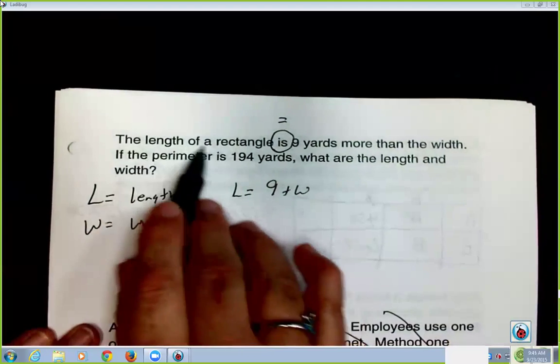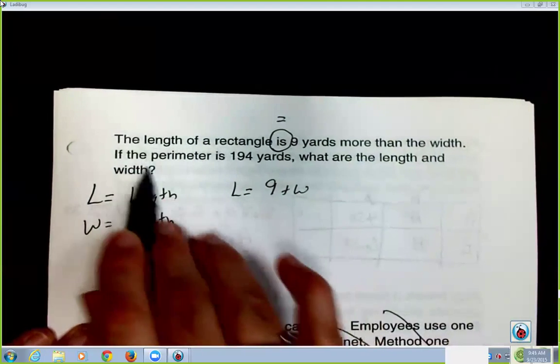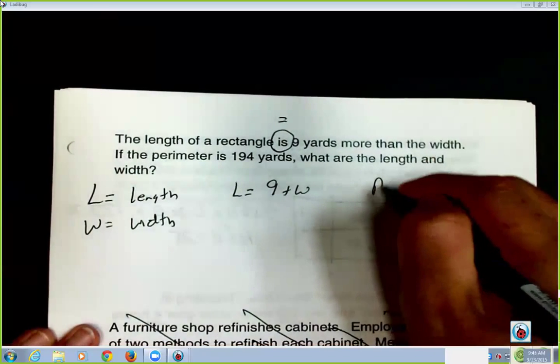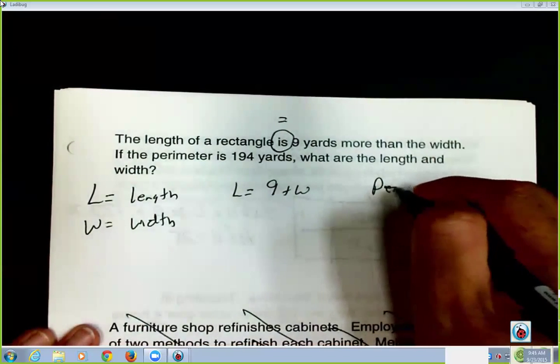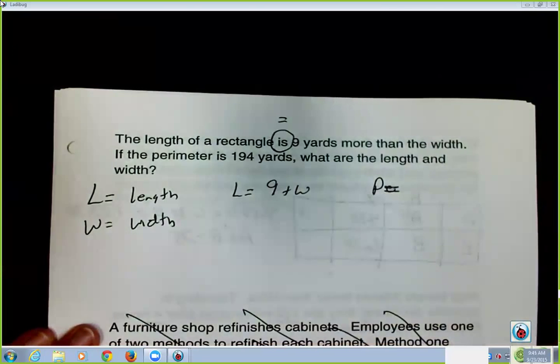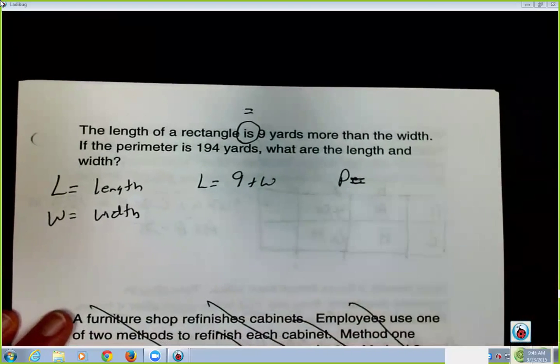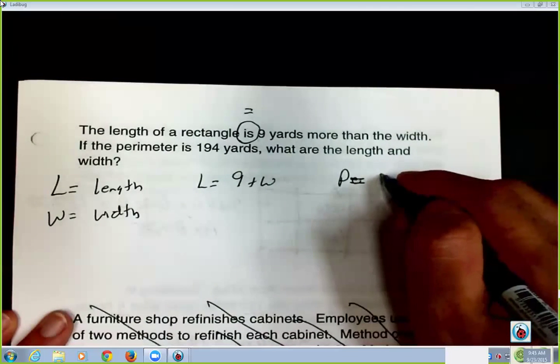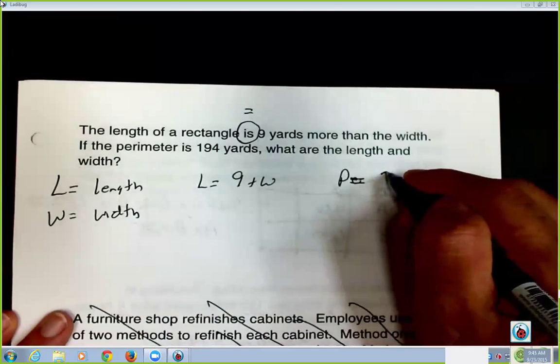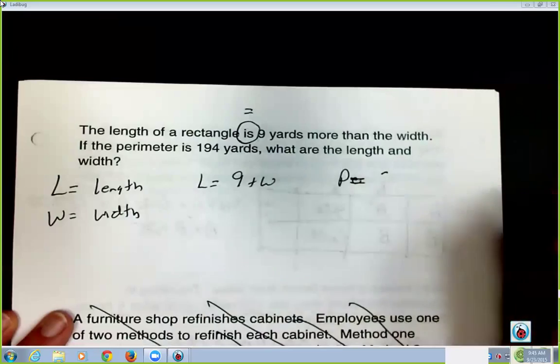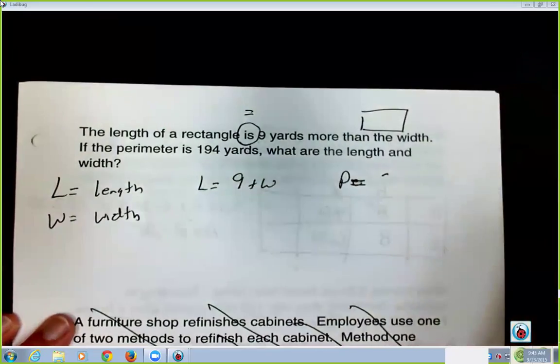Then what is the perimeter formula? So perimeter equals, what's the usual formula for perimeter of a rectangle? Perimeter of a rectangle, you want to count the outside edges of a rectangle.